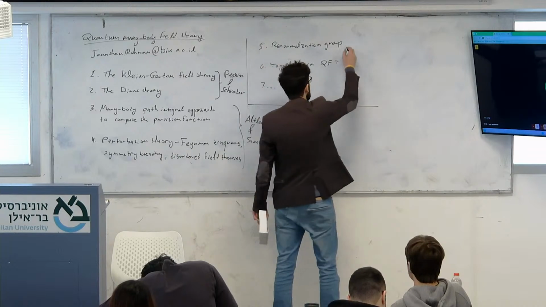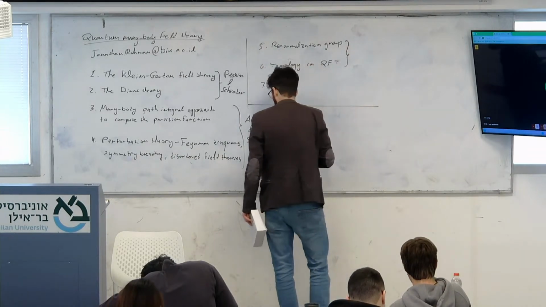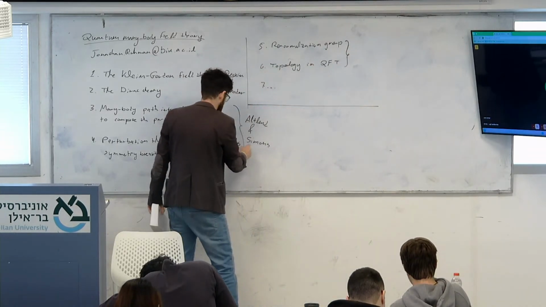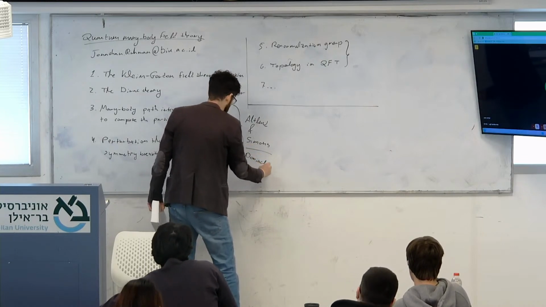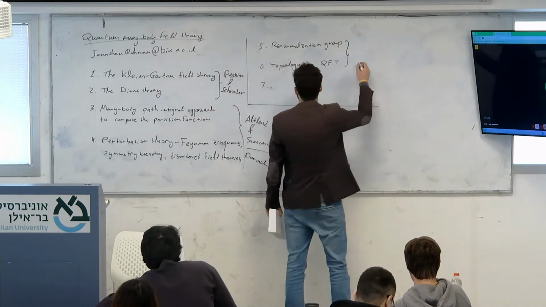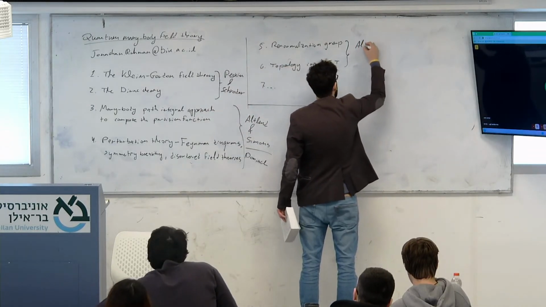And for these, I might also use another book like Doniak. We'll see. And here also, I think I'm going to use Altland and Simons.